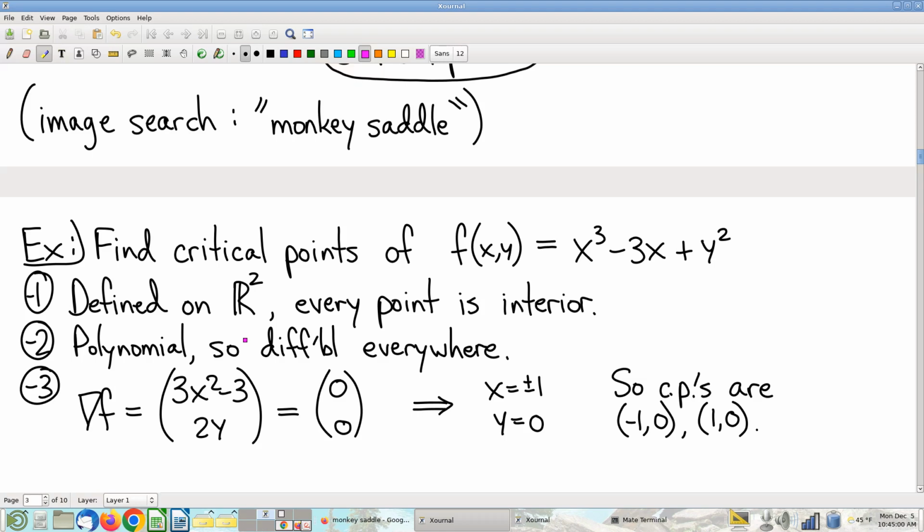So for the moment, who knows? And notice that I stopped right here. These are critical points. Probably something interesting is happening there, but I have no idea if, and I have no idea what. Okay, so we'll get to that in a minute.